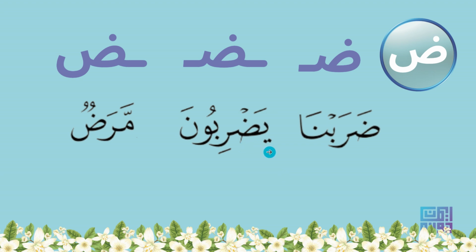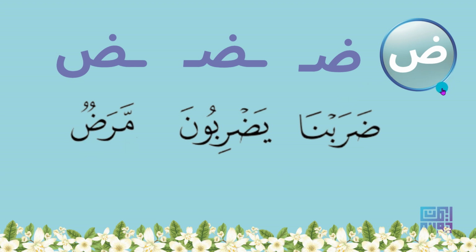It's connected with the letter ya before it, and then the letter ra coming after it, also connecting with it. At the end of the word, it's written with its full shape, okay? And because of the ra that does not allow connection with the letter that comes after it, we can see the letter dad in its full shape separately.